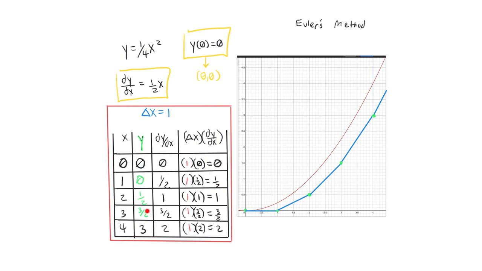We could have known that this y value is 3/2 because this 1 plus this 1/2 is 3/2. And finally, we could have already known that this y value is going to be 3 because this 3/2 plus this old 3/2 is going to give me a 3, and I should put this in green. Okay, so hopefully that makes sense. Let's move on.